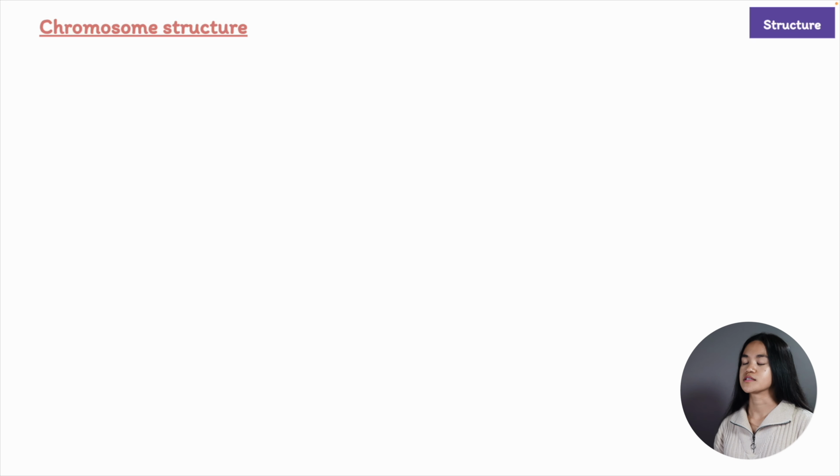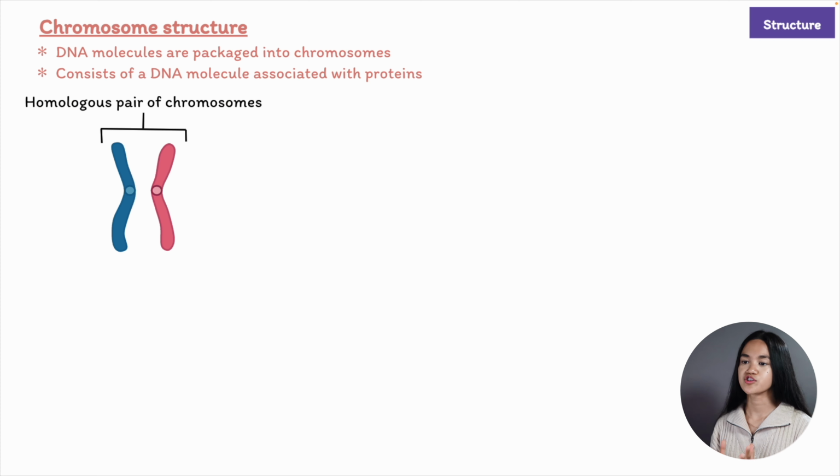A gene is a segment of DNA that contains the instructions for making a particular protein or RNA molecule. And this information is located in the cell nucleus. In eukaryotic cells, DNA molecules are packaged into chromosomes. These chromosomes are then duplicated and apportioned between the 2 daughter cells at each cell division.